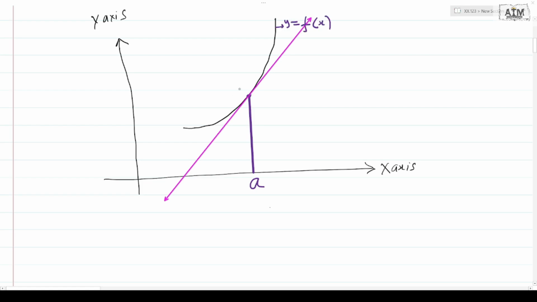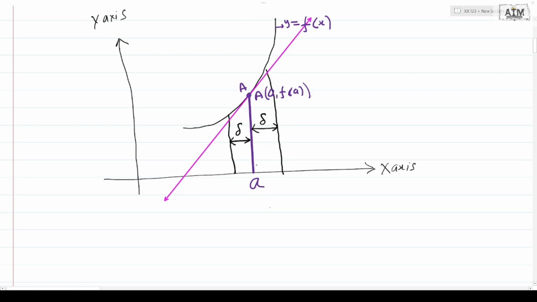Therefore, this point A has coordinates A comma f of A. Now, let us draw a vertical line on the left side of A and the right side of A. In both cases, the distance is equal, that is delta.